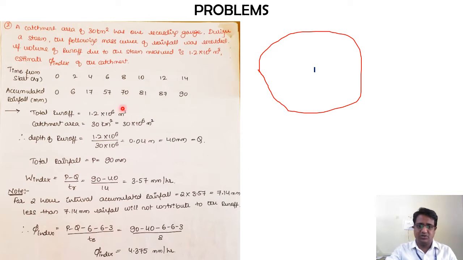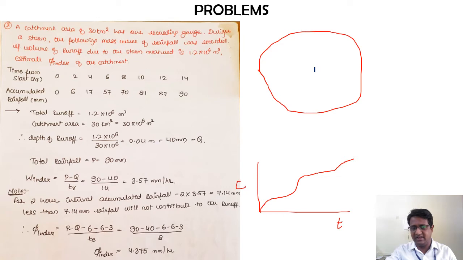So this is nothing but the ordinates of the rainfall mass curve. From the first module, the theoretical bits, if you remember, this is the time and this is the accumulated rainfall. If I need to draw that, your rainfall mass curve will be something like this: on the x-axis you will have time, and on the y-axis you will have cumulative rainfall.